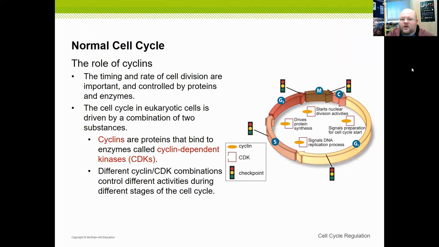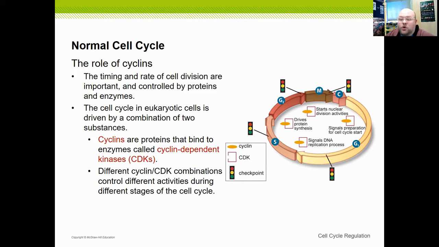Okay. So in a normal cell cycle, we have these things called cyclins. So the timing and rate of cell division are important, and they are controlled by proteins and enzymes. So when stuff happens and how it happens has to be regulated to happen correctly.